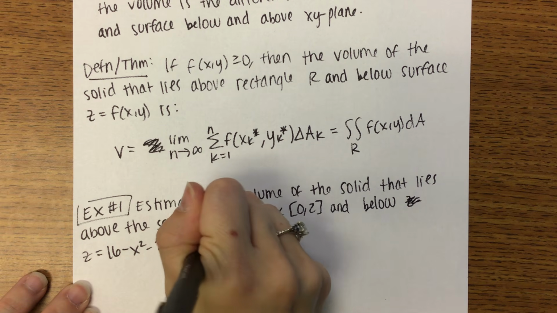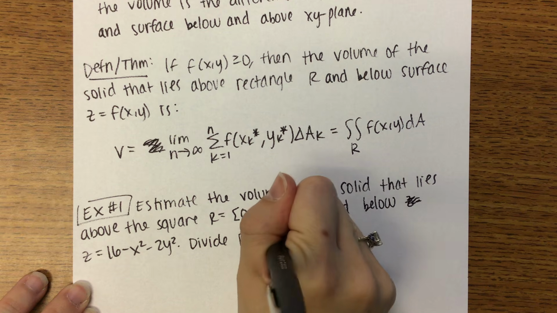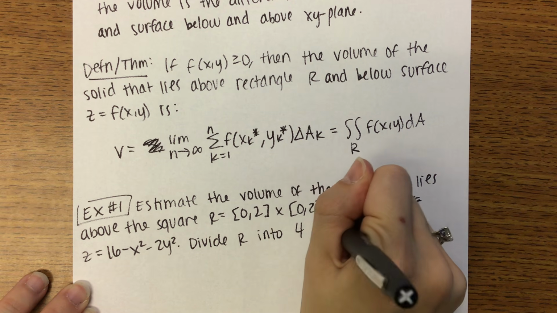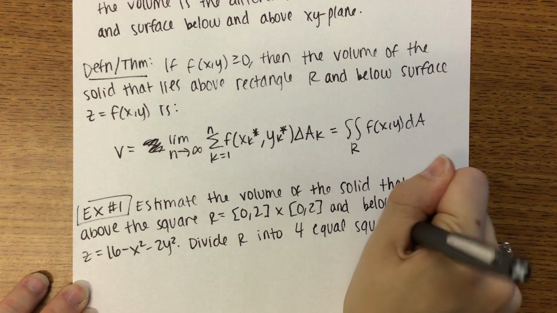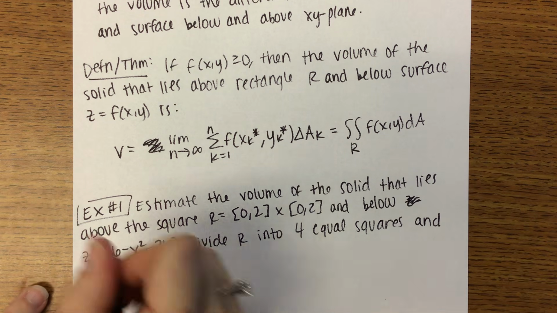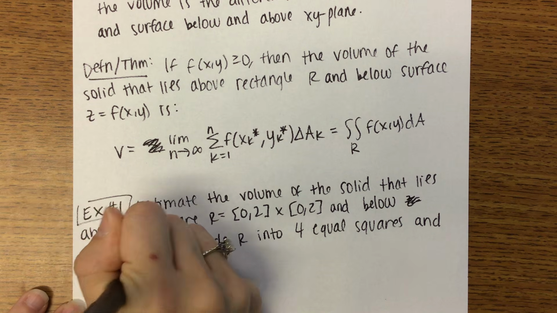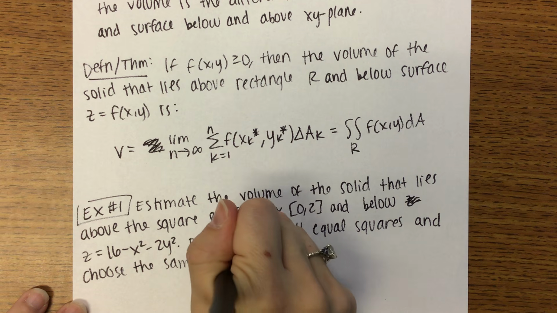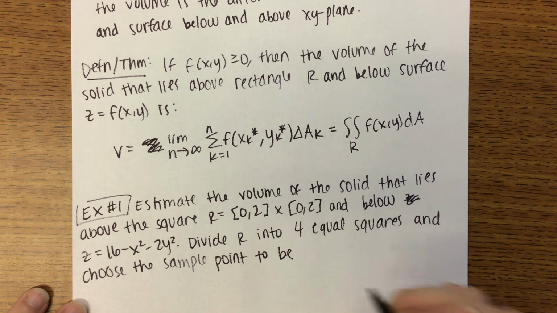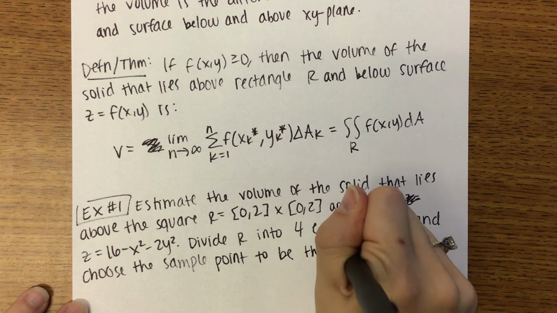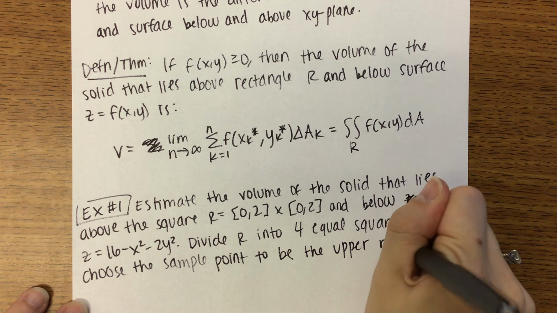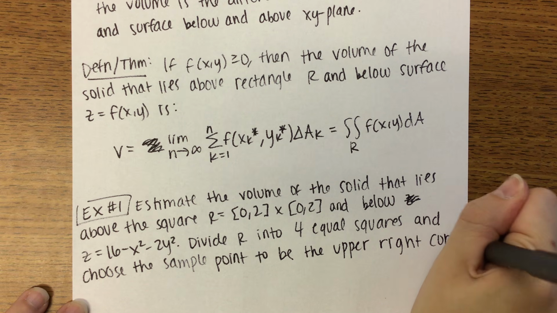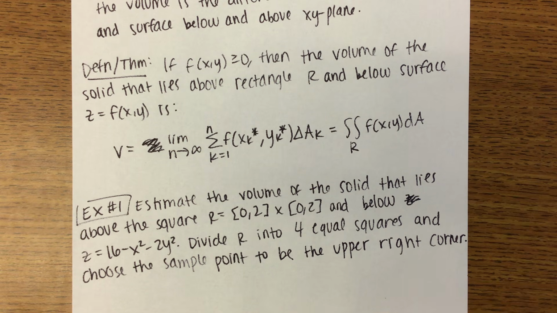We are going to divide R into 4 equal squares. And I'm telling us specifically to choose the sample point to be the upper right corner of each square. So obviously we're going to get different answers if we choose different points. So I'm telling everyone we have to choose the upper right corner.